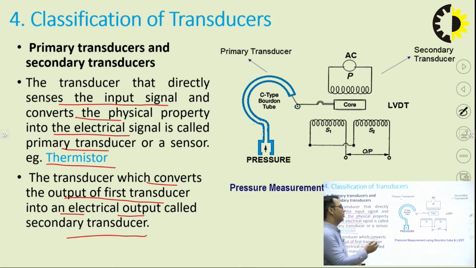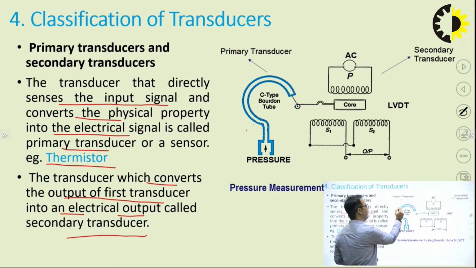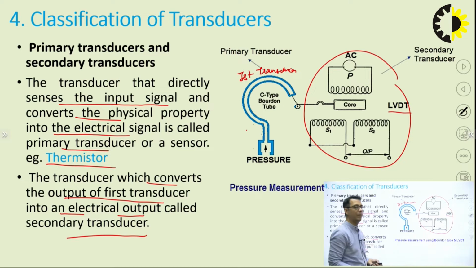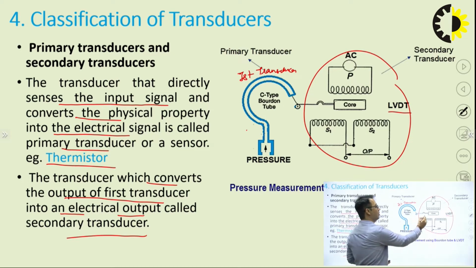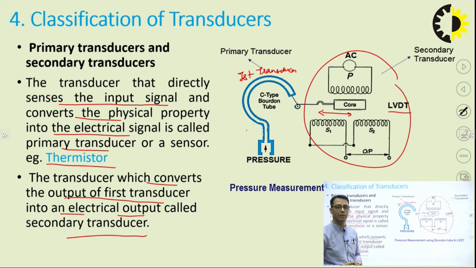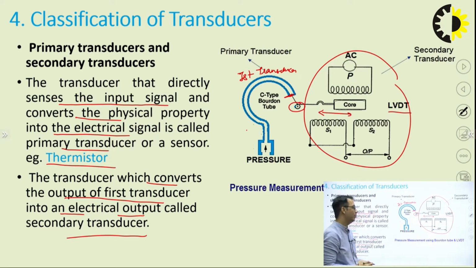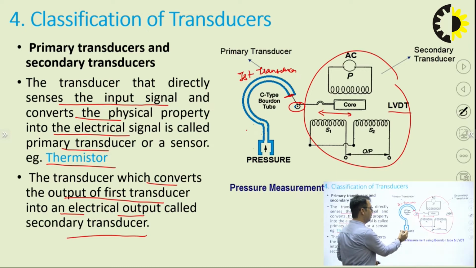Let us consider this example. Here, this is a Bourdon tube, which is our first transducer, and this is the structure of an LVDT. The LVDT works upon the displacement of this core. So this is responsible for sensing displacement only, but we are going to measure pressure using this LVDT. For this, we make an arrangement. We connect this core with the free end of this C-shaped Bourdon tube. What happens when pressure rises?